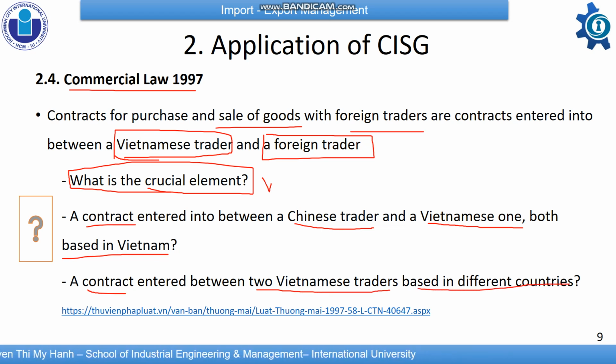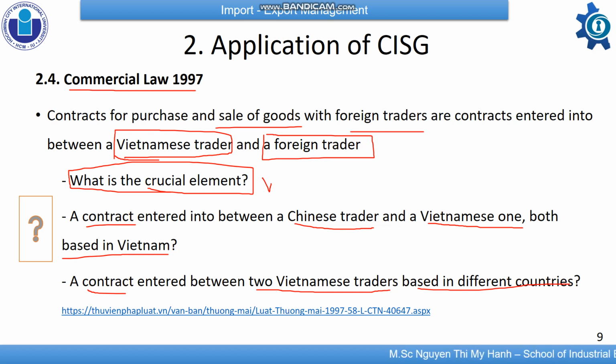So the first one is a Vietnamese and a foreigner that is Chinese, but both based in Vietnam. So the contract between them is CISG or not. And the second one is the two parties are Vietnamese, but they are based in different countries. For example, one in Vietnam and one in China. So the contract between them is CISG or not. So please help me think of the answer of these two questions.